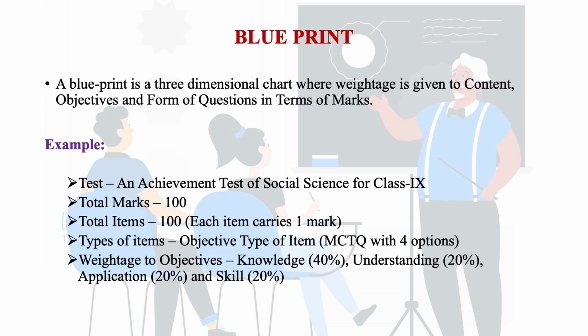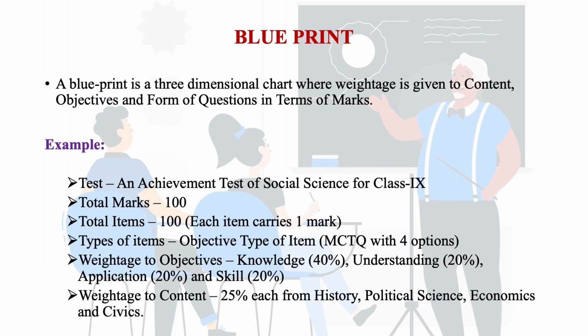Then weightage to the objectives: knowledge objectives get 40% weightage, understanding 20%, application 20%, and skill 20%. Then weightage to content: 25% is given to each of history, political science, economics and civics.